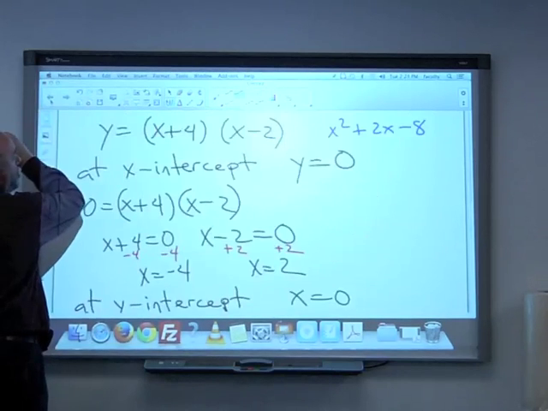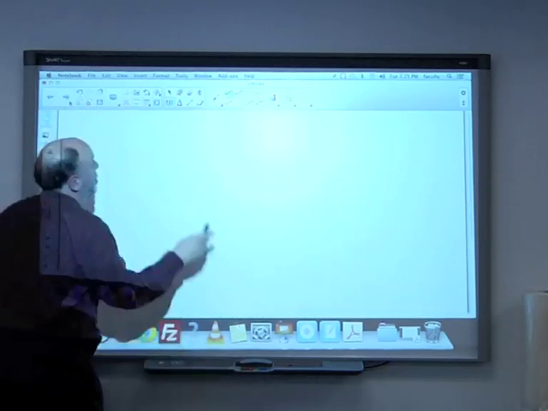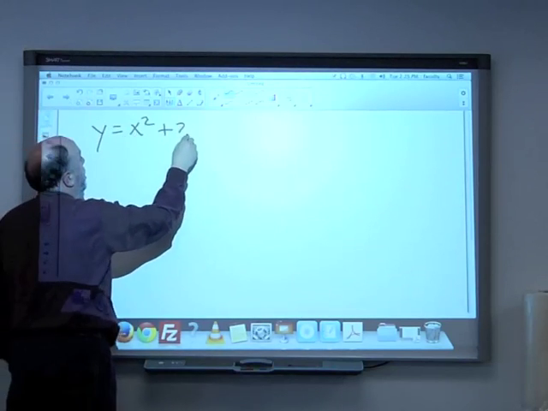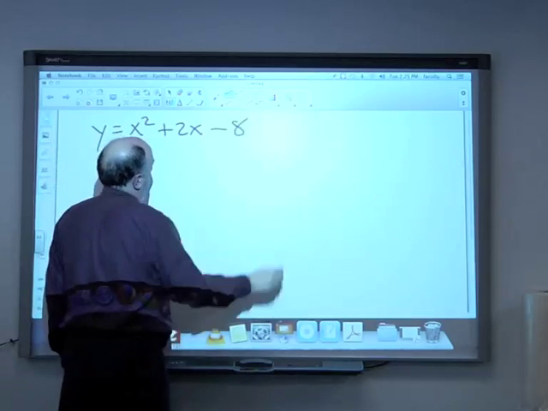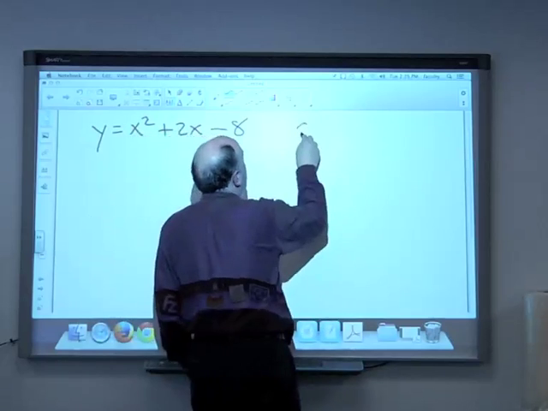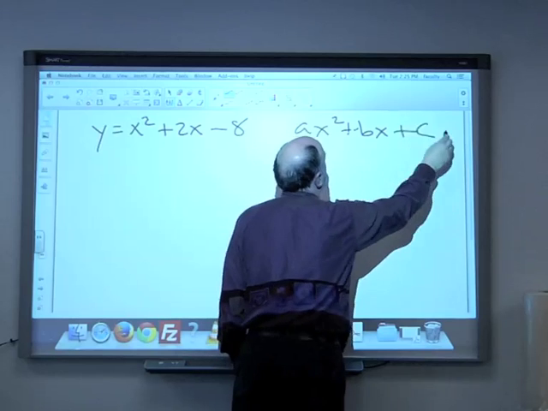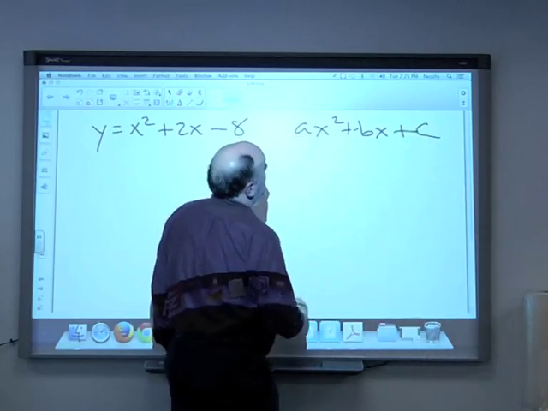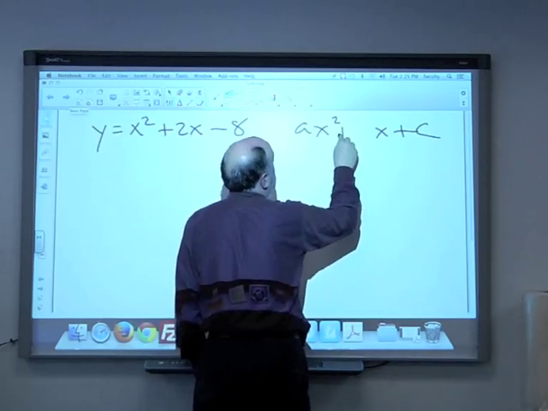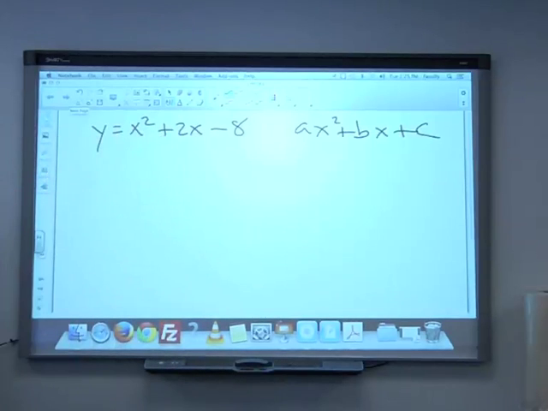So let's see, mine was x squared plus 2x minus 8. Yep. That was my graph. Okay? My general quadratic is this. Okay? So A is the number in front of the x squared term. B is the number in front of the x. C is the constant term.